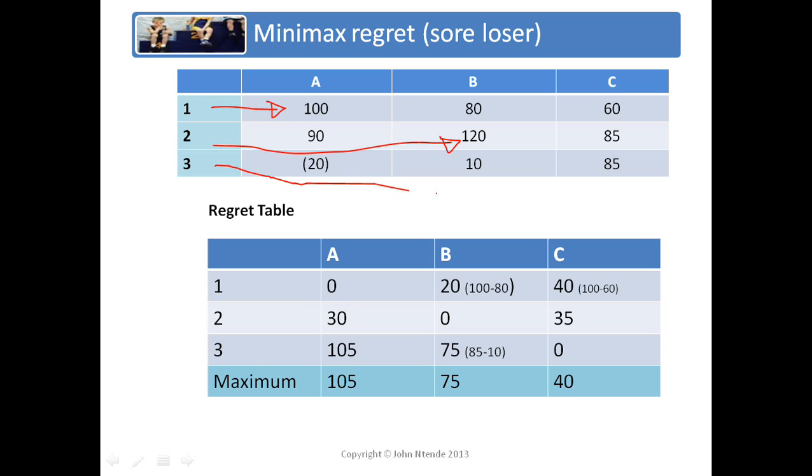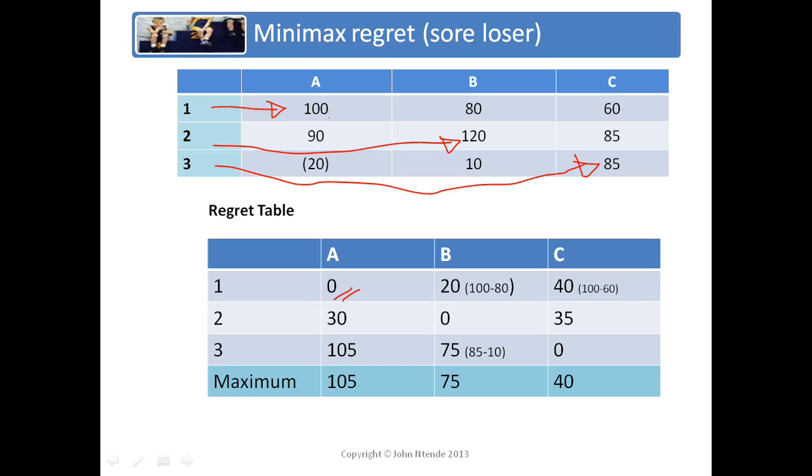And under scenario 3, the best possible outcome is 85. Okay? So the regret will be equal to the best possible outcome for any given scenario minus the actual outcome. For instance, how did I get 0? This 0 right here.